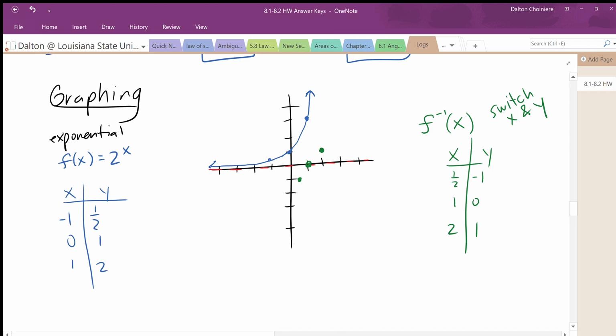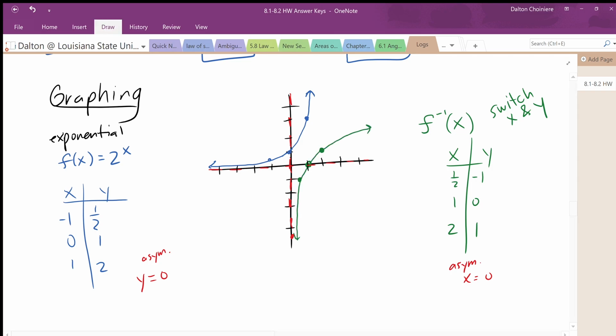And what you don't know yet, if I were to continue these, is that since the asymptote for the exponential is the equation y equals 0, that means the asymptote for the inverse is going to be x equals 0. So the asymptote for our logarithm is going to be the y-axis. If I were to finish it, this would get really, really close to the y-axis, but wouldn't actually touch it.